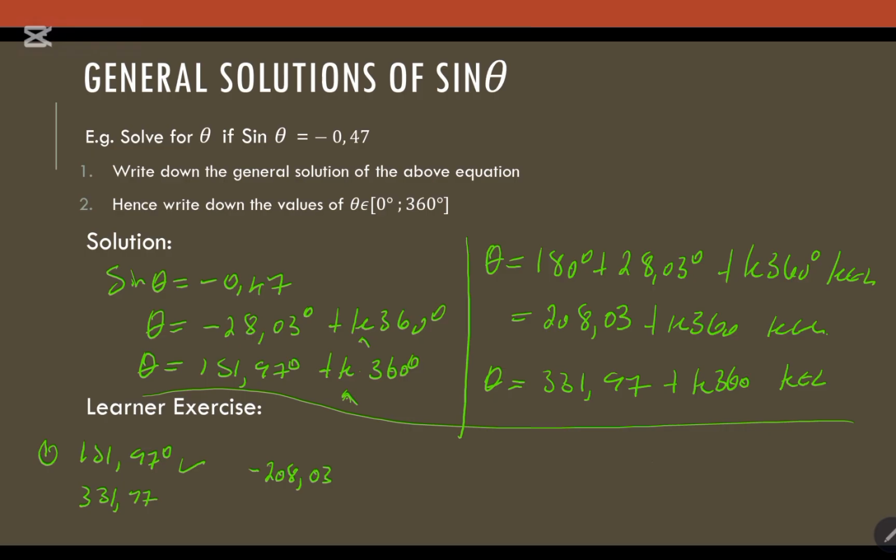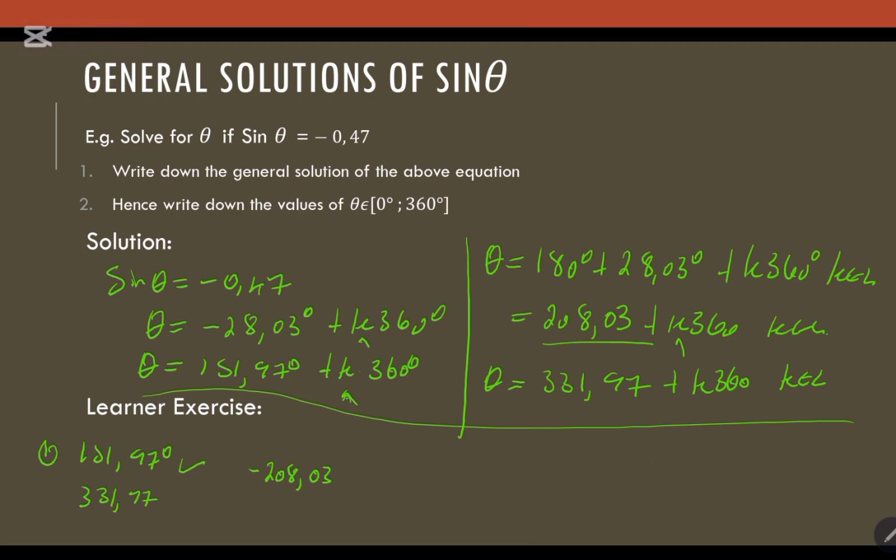On the other side, if I replace K with 0 on the equation of 208.03, I get 208. So the other angle is 208.